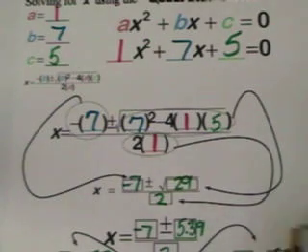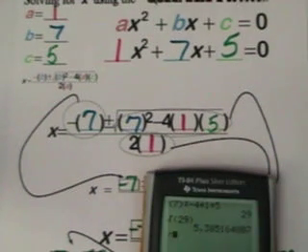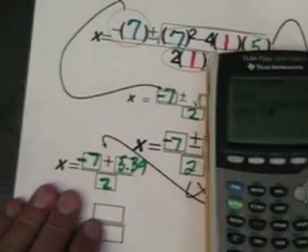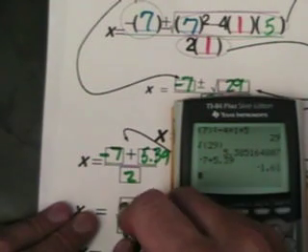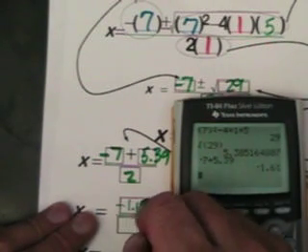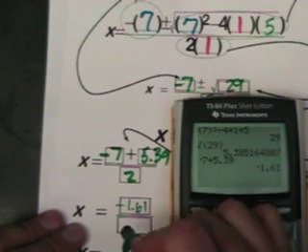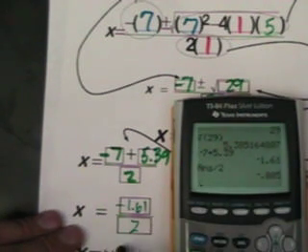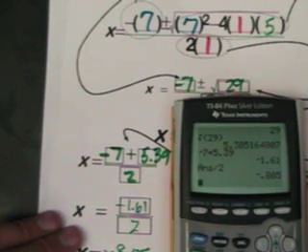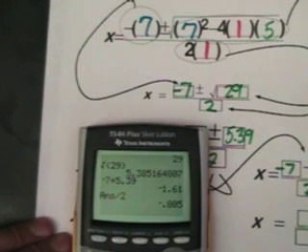by 2, and negative 7 minus 5.39 divided by 2. Okay, negative 7 plus 5.39. What does that give me? Negative 1.61 divided by 2. Negative 0.805. Okay, the other side now.